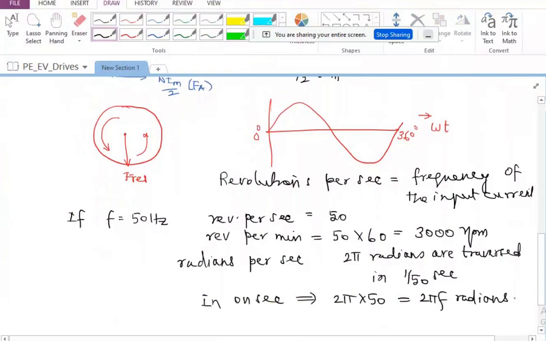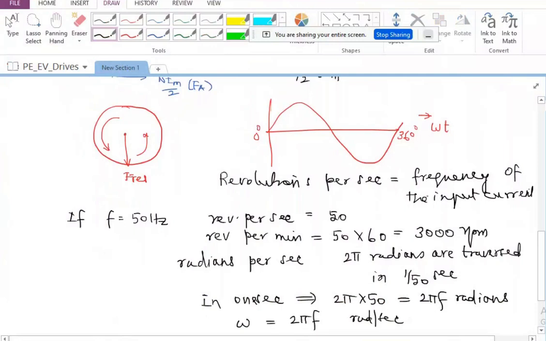Or indirectly, if I want angular velocity omega, that should be given as 2 pi f. This is the velocity in radians per second. So we call this angular velocity or rotational velocity.